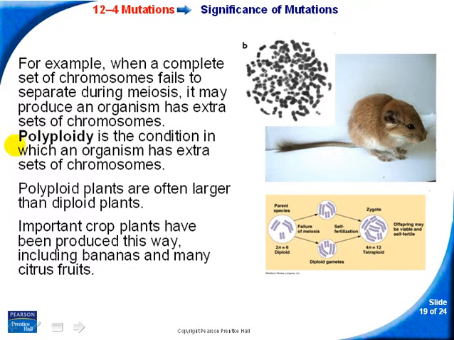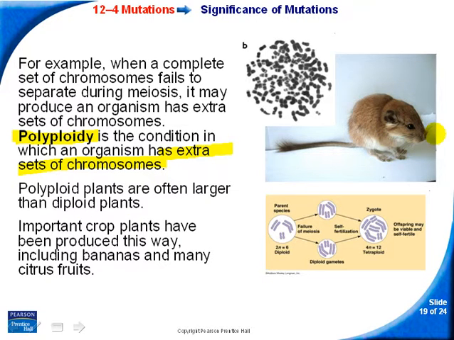Now, somebody asked, what happens if in meiosis 2 the cells don't actually divide? And that leads to what's called polyploidy, which is where an organism has an extra set of chromosomes. Not an extra chromosome, but an extra set.